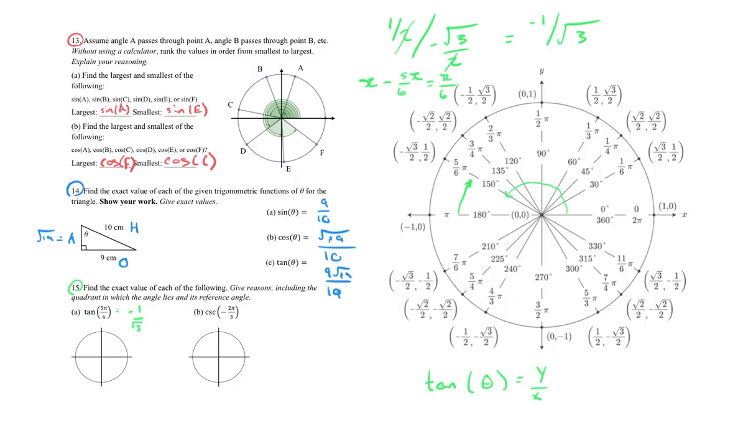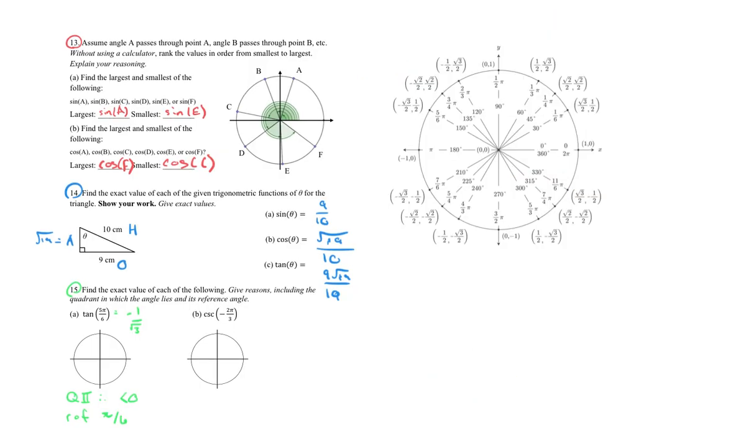So our reference angle is going to be, I'll write quadrant 2, therefore less than 0, and the reference angle is pi over 6. We'll call that good.